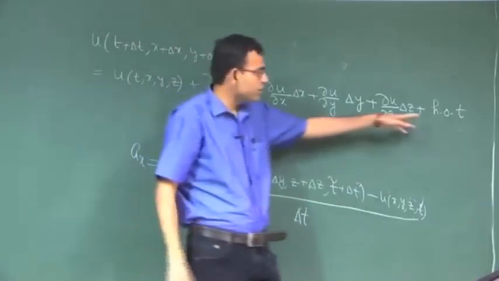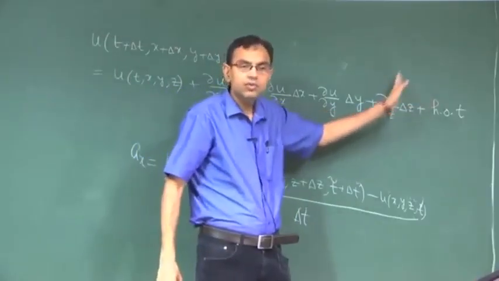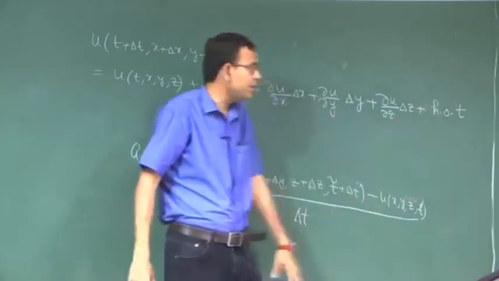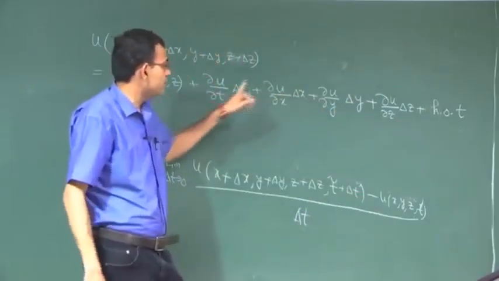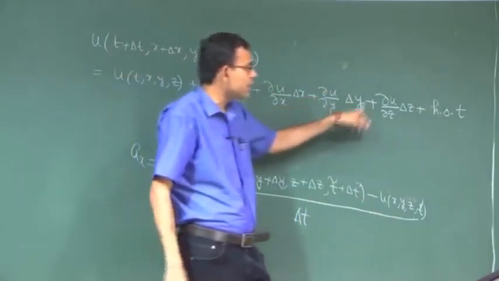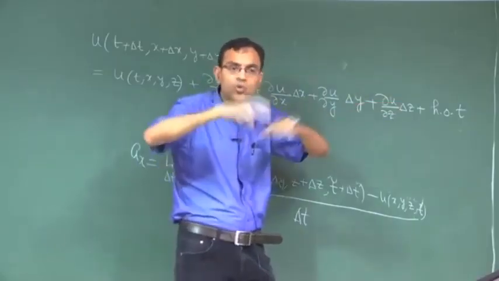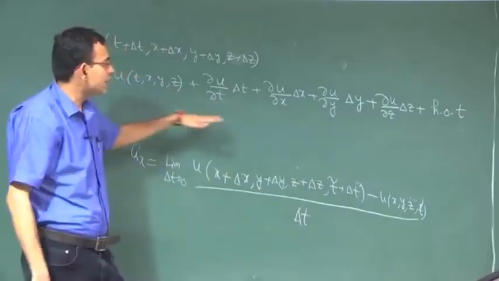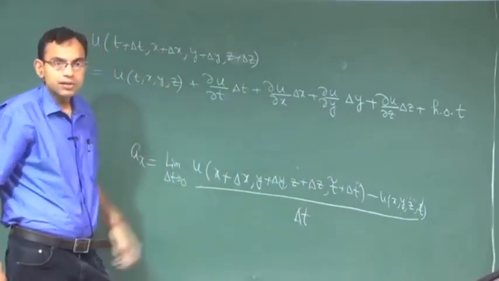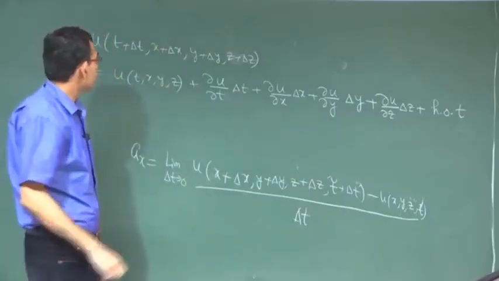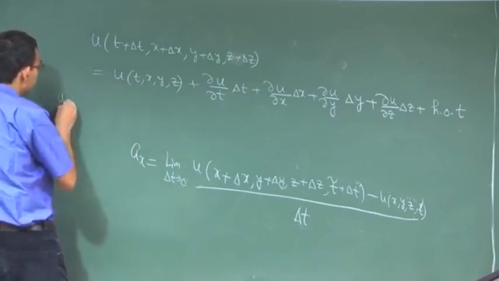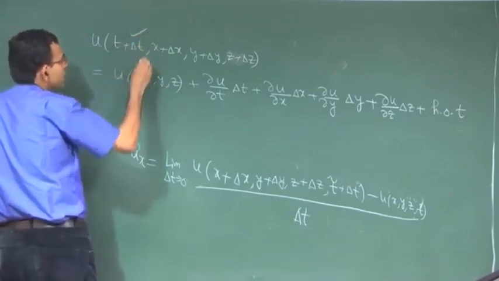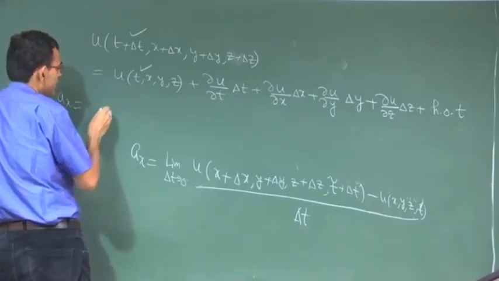This HOT, which we will very commonly write in this course, means higher order terms, that is, terms of the order of delta t square, delta x square, delta y square, delta z square, cube, fourth order up to infinity. This is a Taylor series for multiple variables. So, you can write acceleration along x as the difference between these two divided by delta t.